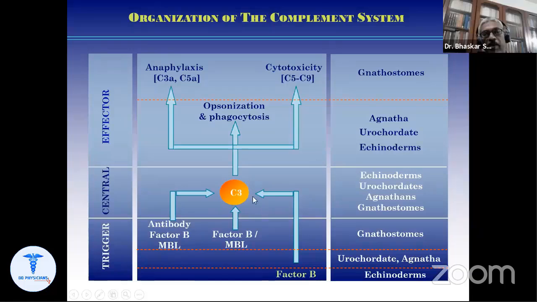C3b and C5b come together, and then along with C4, they start the C5 to C9 assembly, which is the membrane attack complex, because they form pores on the membrane and cause death, the cytotoxic effect, on the target cells.